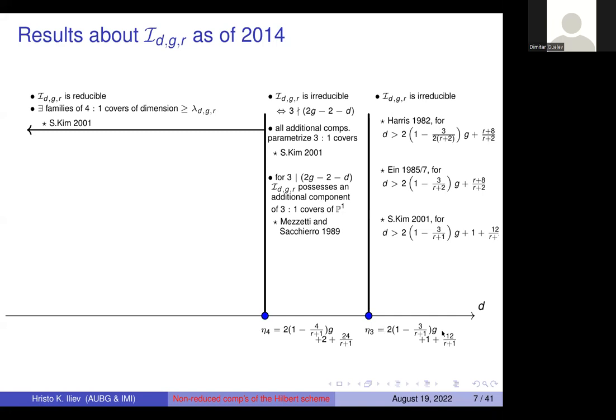So here is this bound that I mentioned, found by Hristo Iliev, and there are some other numbers here. So for example, the 4 and the 3 identify a range. If we think of g and r as fixed and trace the components of the Hilbert scheme as d decreases from this number at the 3, then we have this picture that I just described.